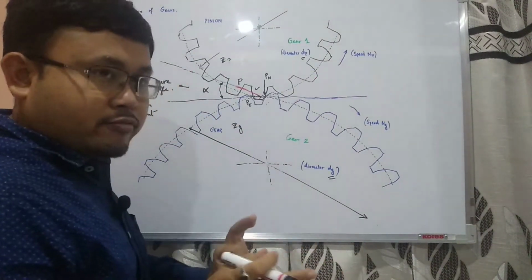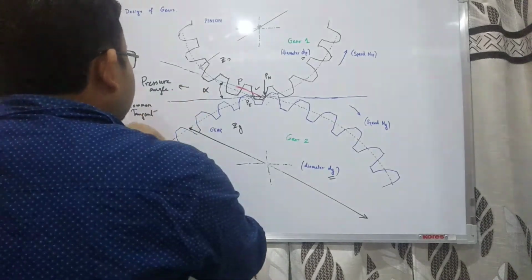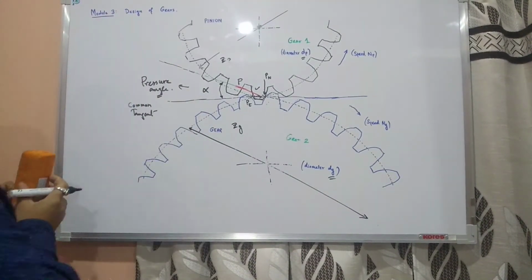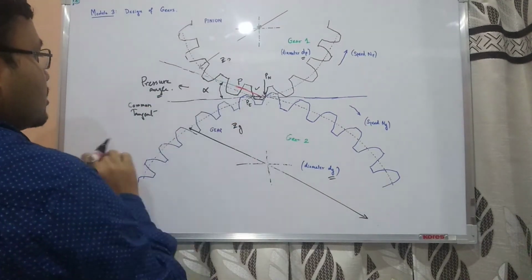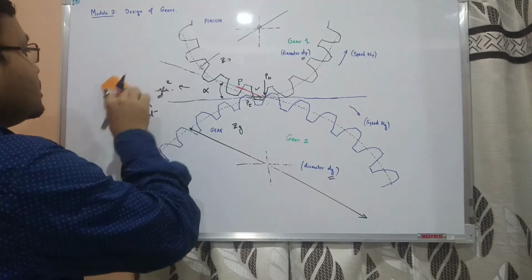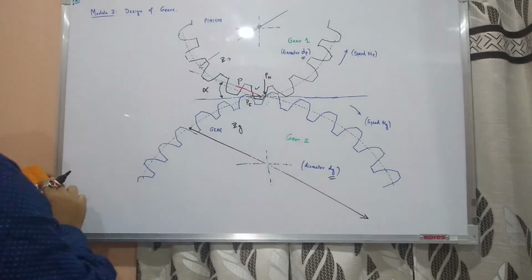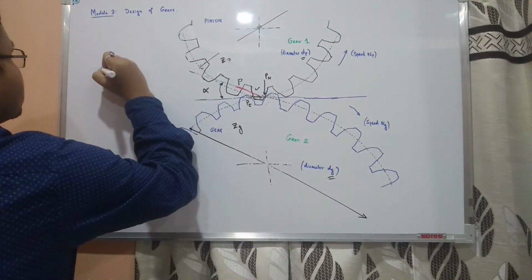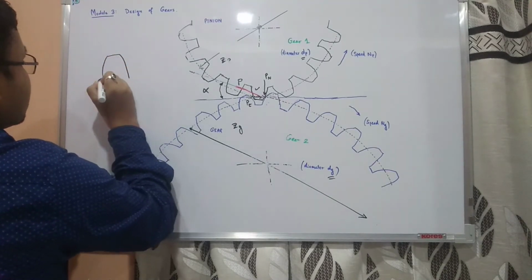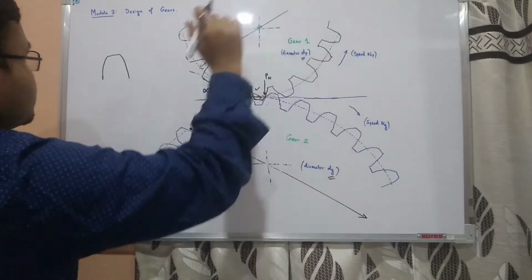Now, let's carry on this discussion of the pressure angle. The pressure angle is this one, and this will not change. For any gear tooth, we have the same pressure angle. For all the teeth, we have the same pressure angle.